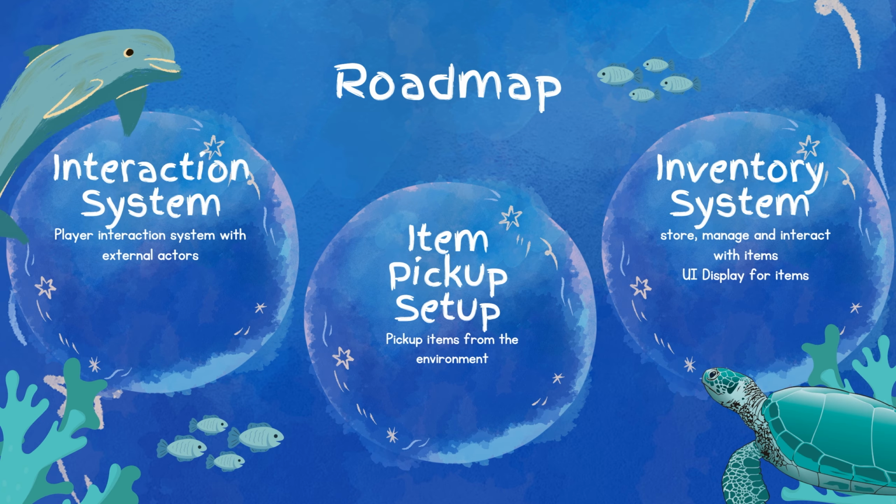Otherwise we will starve. So let's create this item pickup system, and then let's create an inventory system to store, manage, and interact with items, and also let's create UI displays for the items.